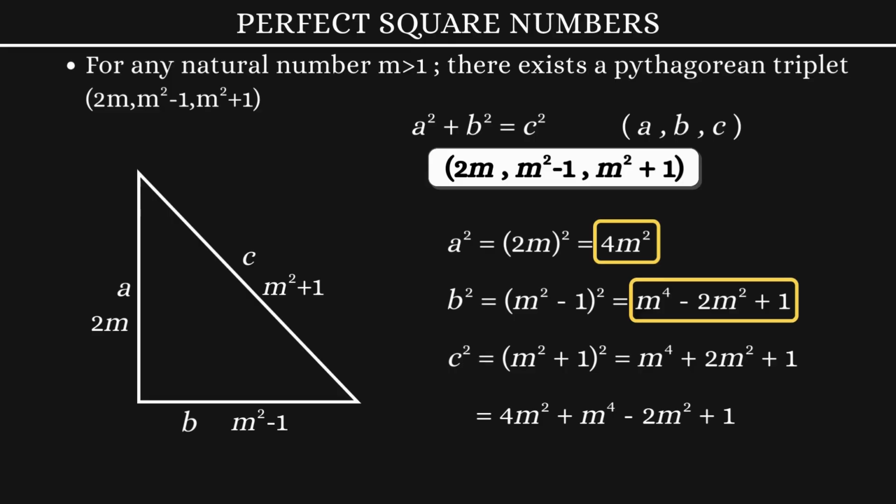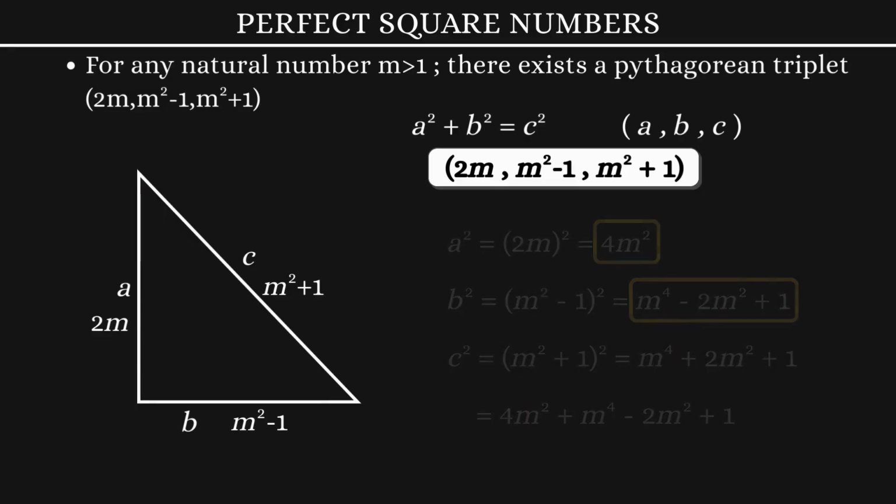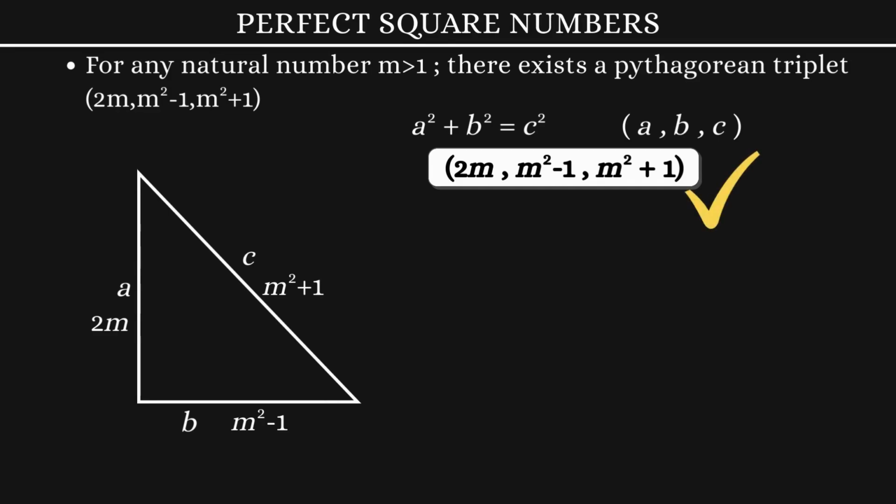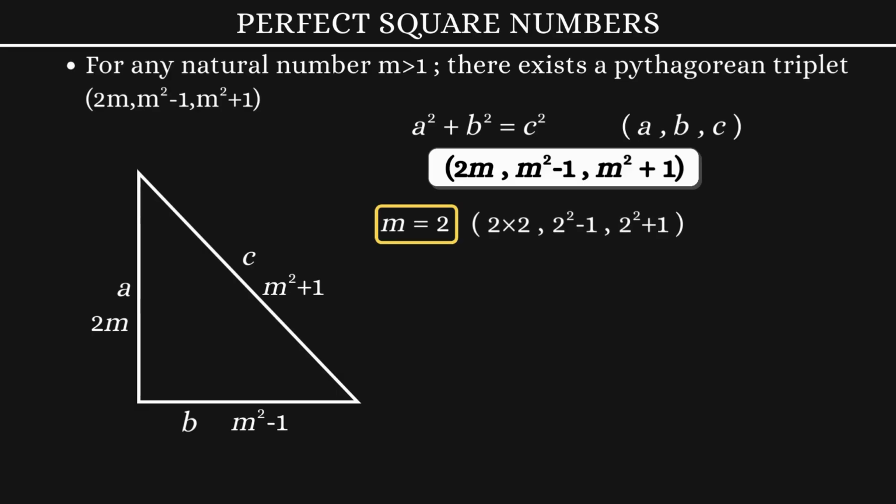Thus, the three numbers represented by 2m, m squared minus 1 and m squared plus 1 will always form a Pythagorean triplet. For example, let's take m is equal to 2. We then have 2 into 2, 2 squared minus 1 and 2 squared plus 1, which becomes 4, 4 minus 1 and 4 plus 1.